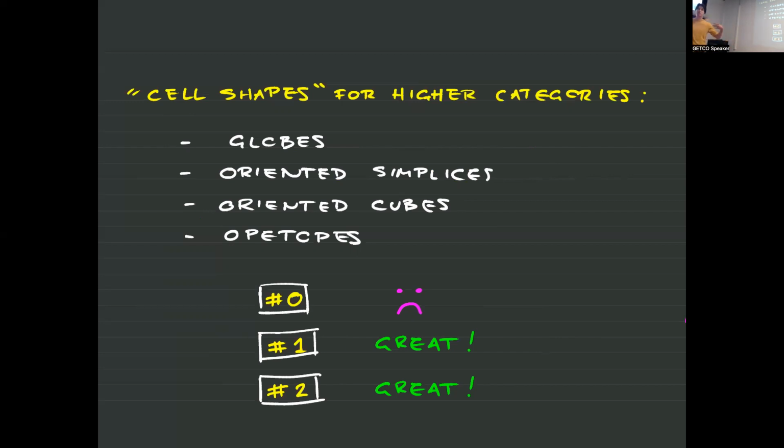We start from something which has an established model of higher categories. Usually, because we use quite simple shapes for what the cells can be, we also have a geometric realization. Of course, we have it for simplices, cubes, and globes. I'm not 100% sure what the situation is for general opetopes, but it should also be doable.